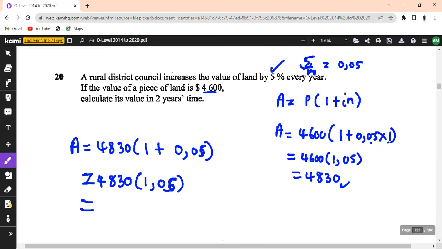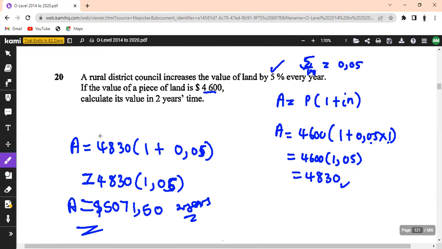If we multiply this by 1.05, we are going to obtain something like 5071.5. Because this is an amount, you just put 2 decimal places after the comma. So this is going to be the amount after 2 years.